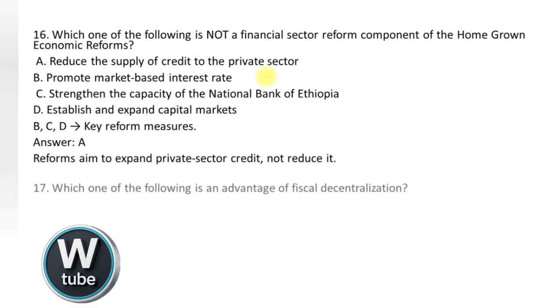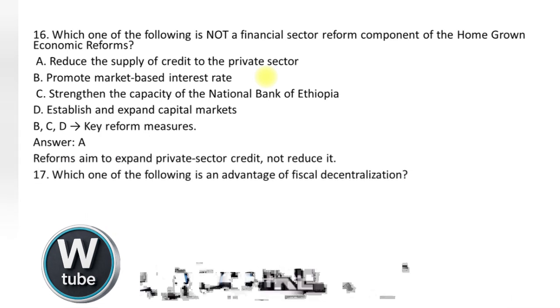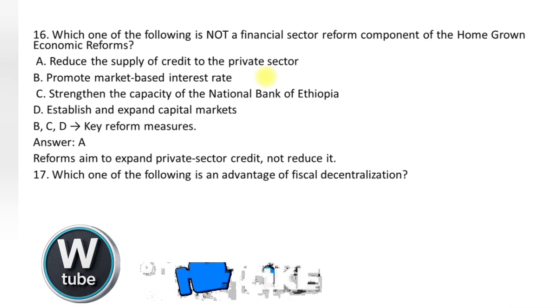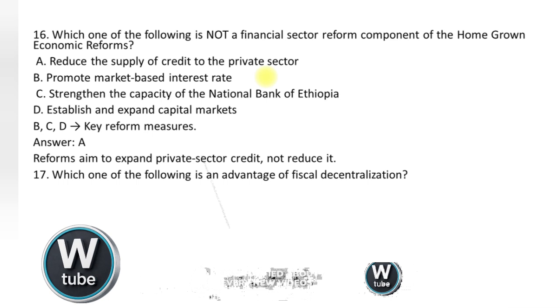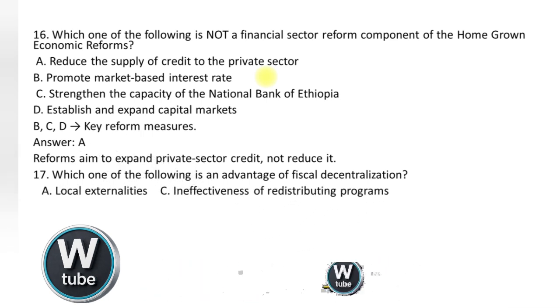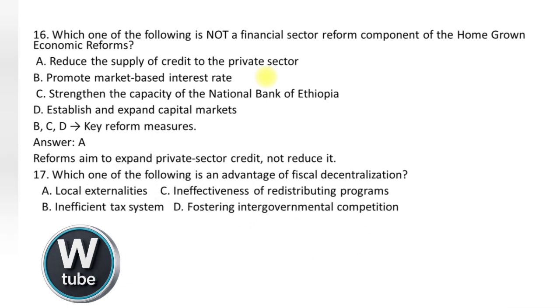Question number 17. Which one of the following is an advantage of fiscal decentralization? A. Local externalities. B. Inefficient tax system. C. Ineffectiveness of redistributing programs. D. Fostering intergovernmental competition. Which is an advantage of fiscal decentralization?